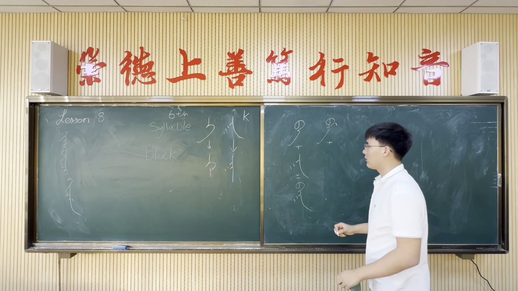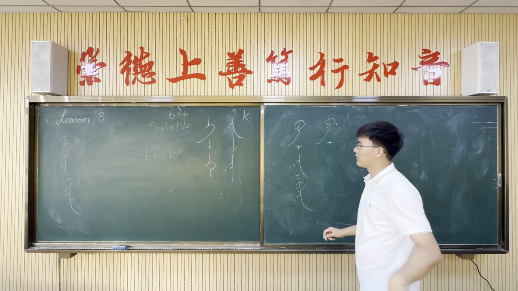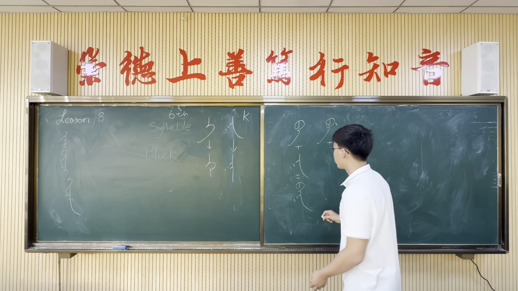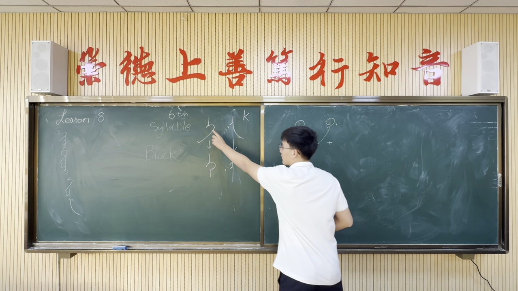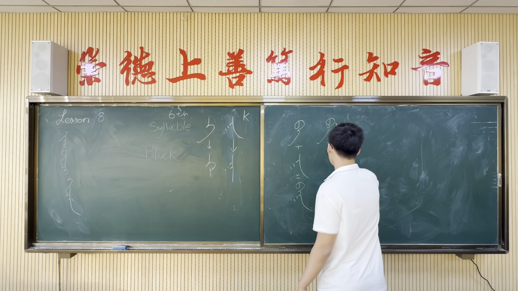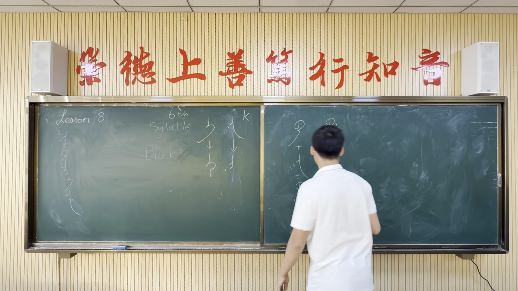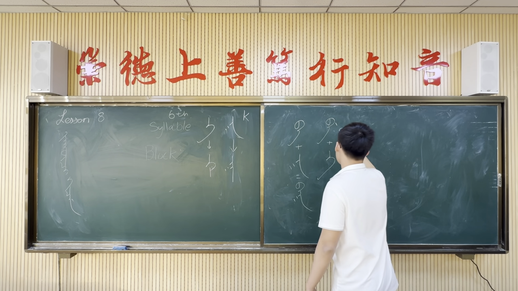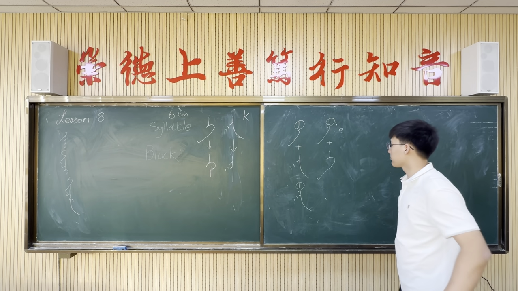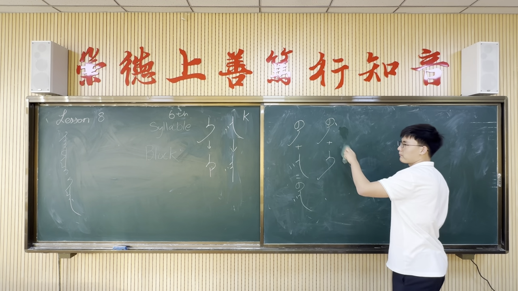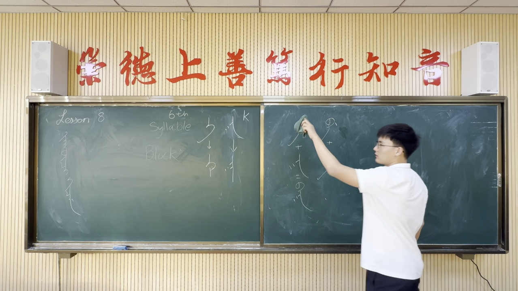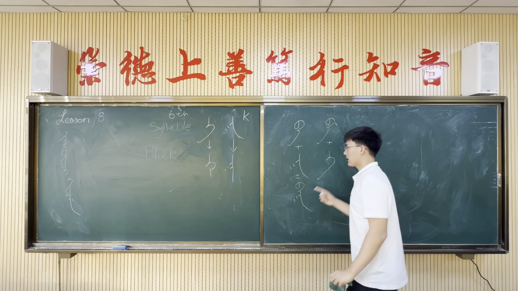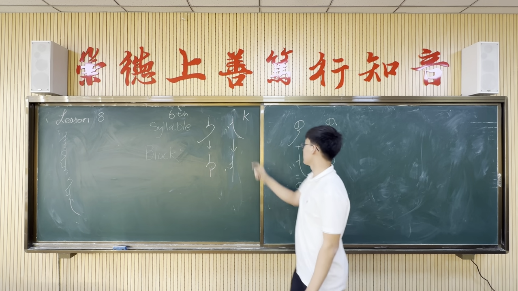Okay. Now the mistake I made just now is that I'm not sure if you noticed it or not. I didn't use this one, right? Because bo has the letter E as its final vowel, the sixth syllable will look like this instead of this.